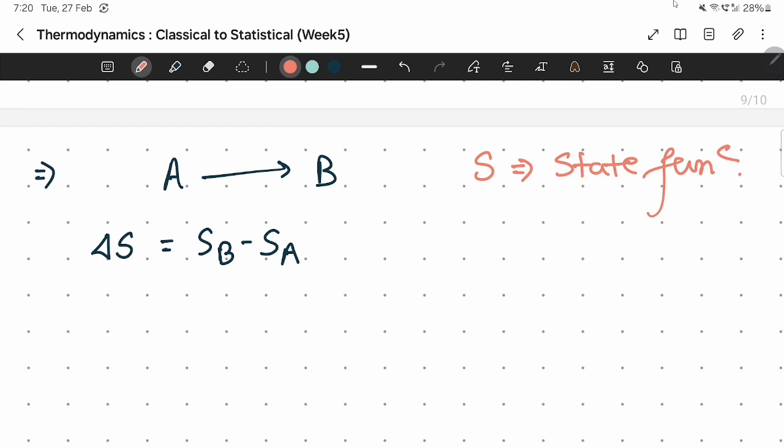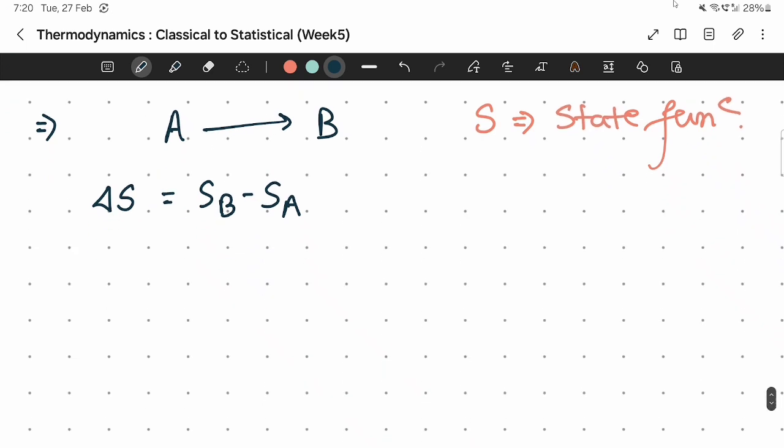So whether it is reversible or irreversible does not matter. Del S will be the same for changing state from A to B. So del S reversible or del S irreversible is the same.